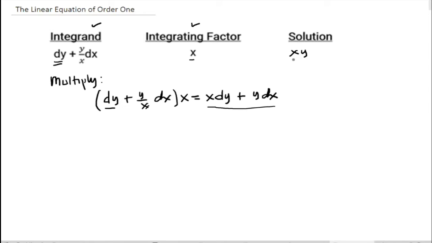You notice, if you are going to get the derivative or differential for xy, the answer is x dy plus y dx. So, the solution is xy. As shown, our integrand is converted into an exact differential equation. Then, let's have another example.